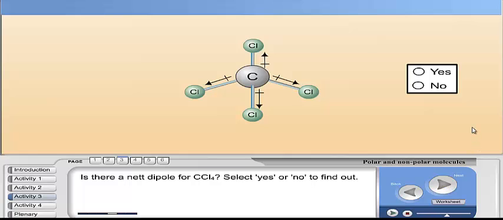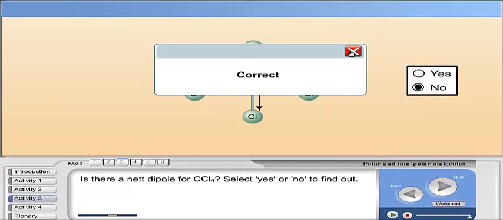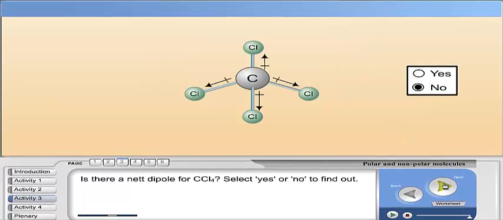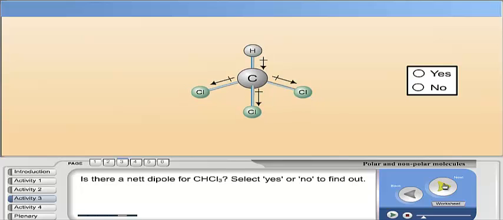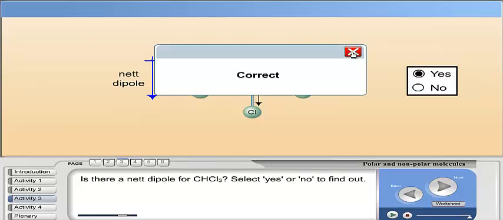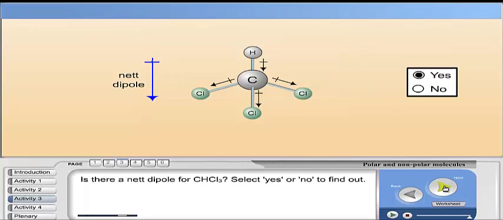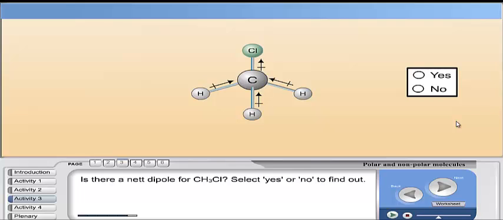Select Yes or No option button to find out. Is there a net dipole for CHCl3? Select Yes or No option button to find out. Is there a net dipole for CH3Cl? Select Yes or No option button to find out.